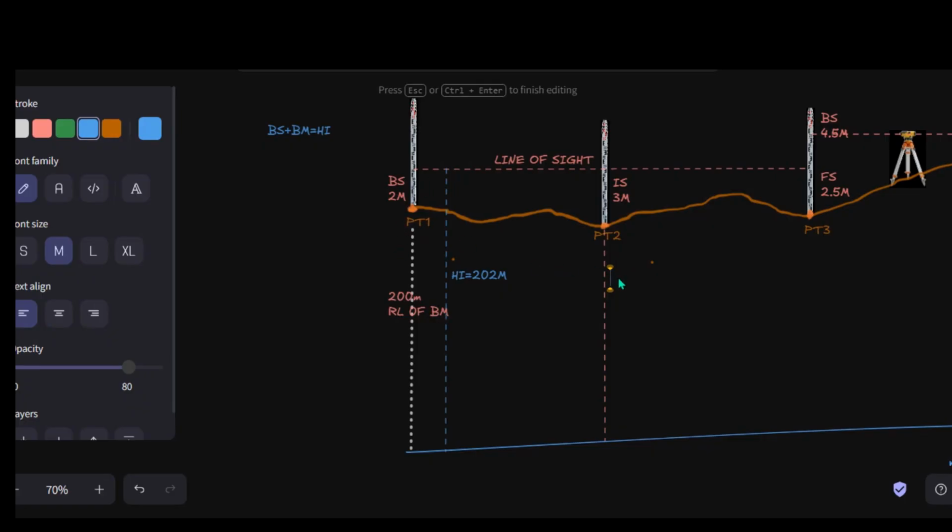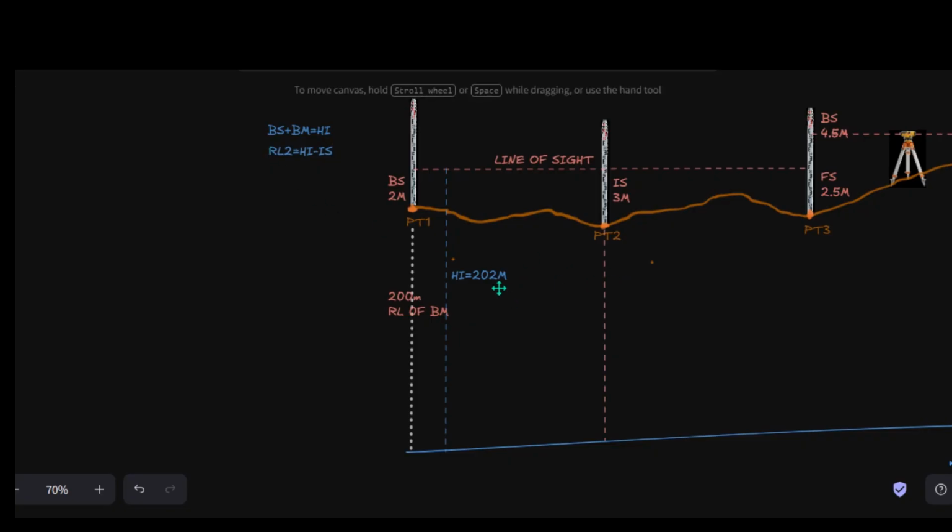Now reduced level of point 2 will be height of instrument minus intermediate sight. So I will say reduced level of 2 will be equal to height of instrument minus intermediate sight.